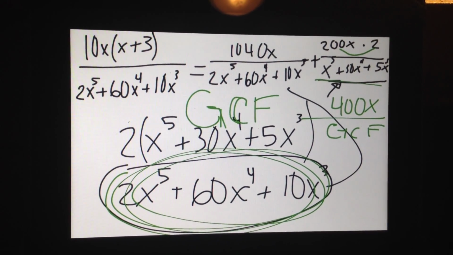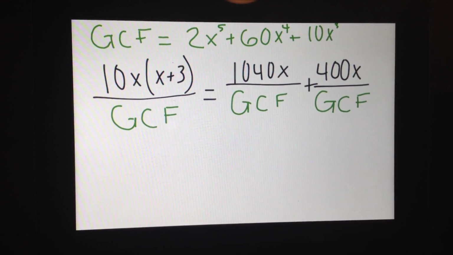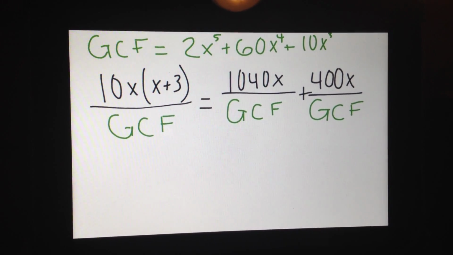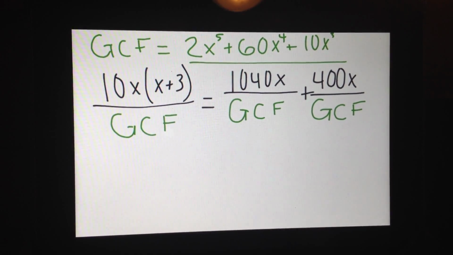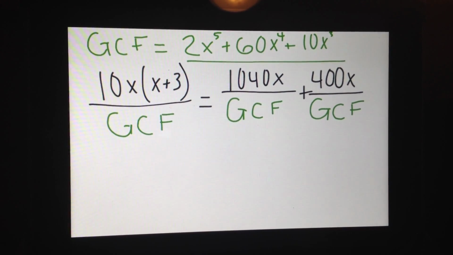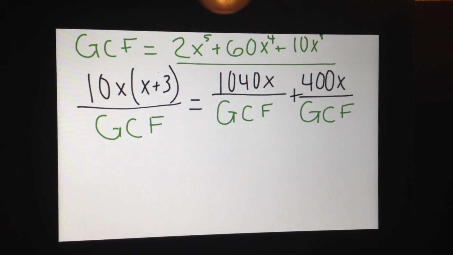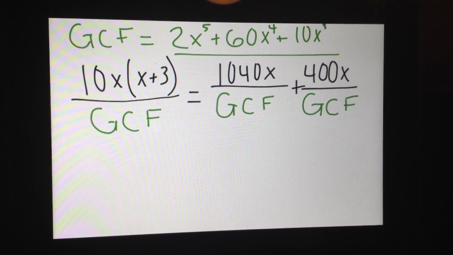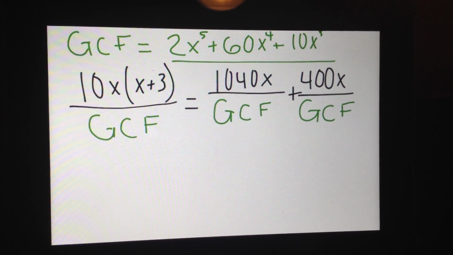Okay, so now my whole problem is going to look like that. This is what it looks like now. See, I put GCF underneath instead of having to write this thing the whole time. So now we're going to solve for x. Something that I can get rid of on both sides is the greatest common factor.